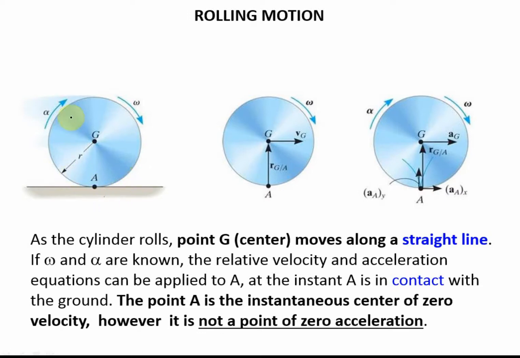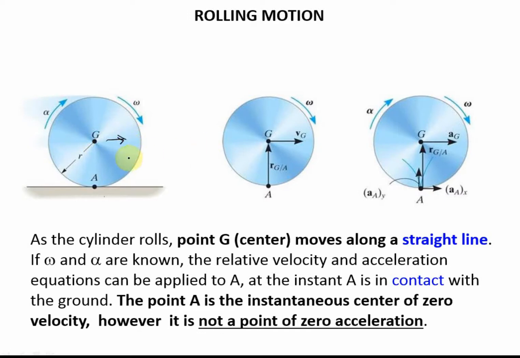If this is an ideal circular cylinder, then as it rotates and rolls, the center G is going to move to the right. Right now the angular velocity and angular acceleration are clockwise, which is why it moves to the right.